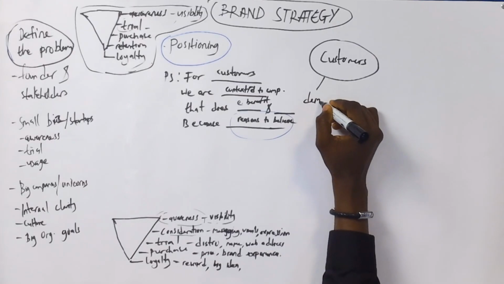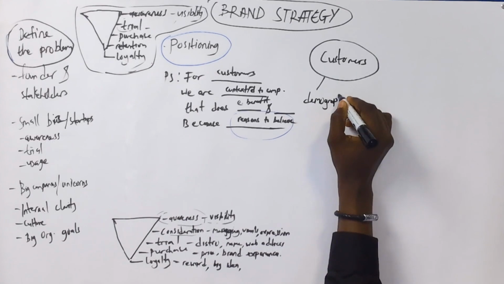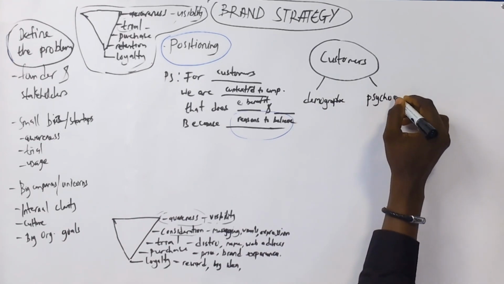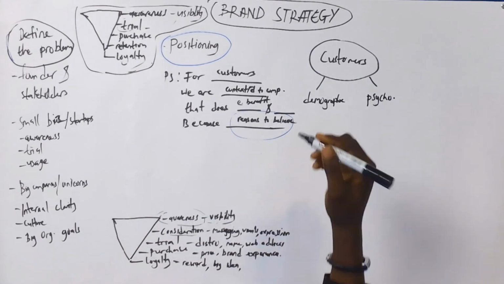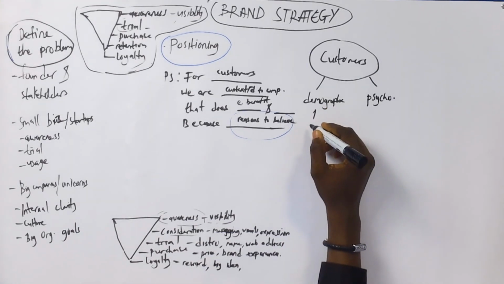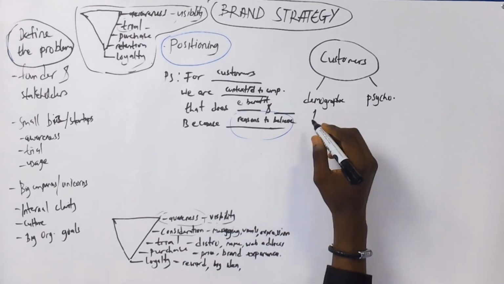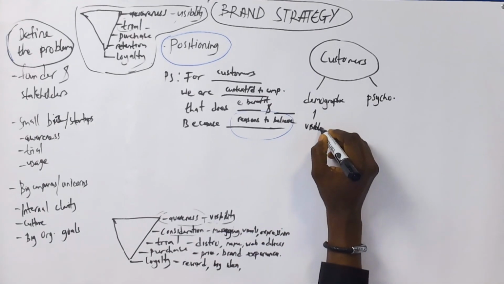So for you to define the customers, look at two things. Look at demographics, right? And the psychographics. For demographics, look at the obvious things around the customers. Visible or obvious data. You wore yellow, there's a chain on your neck.